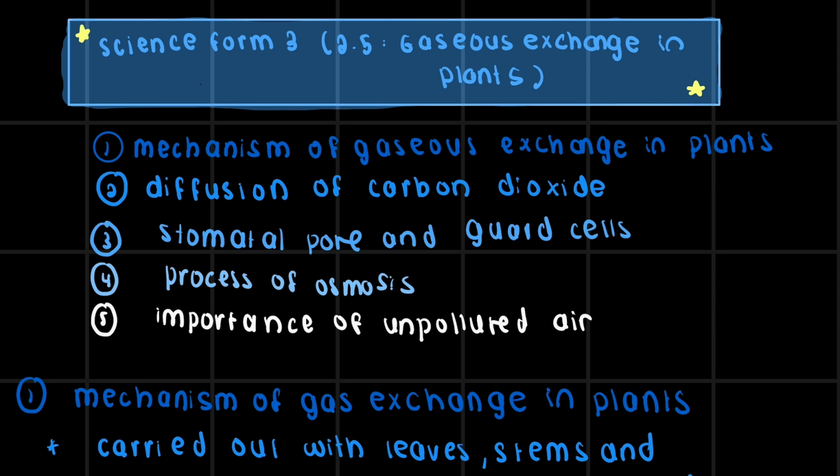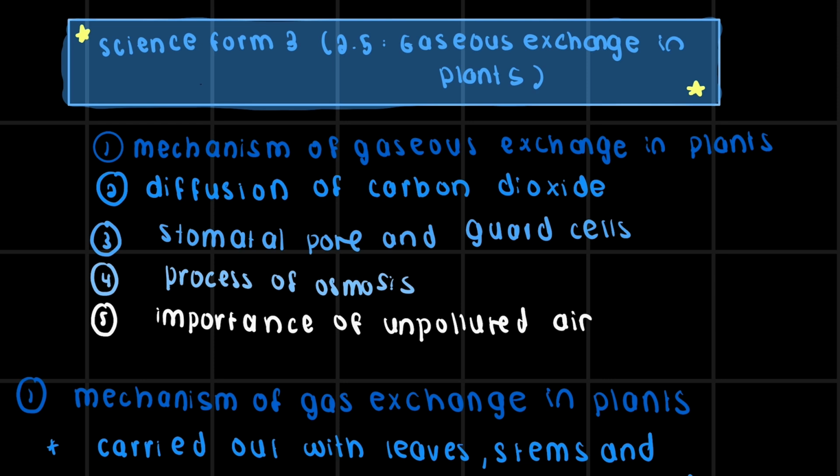Other than that, osmosis also has its effects on the stoma, that is, it can be opened or closed. The last part is the importance of unpolluted air and what are the effects of acidic gases in the air on the survival of plants.